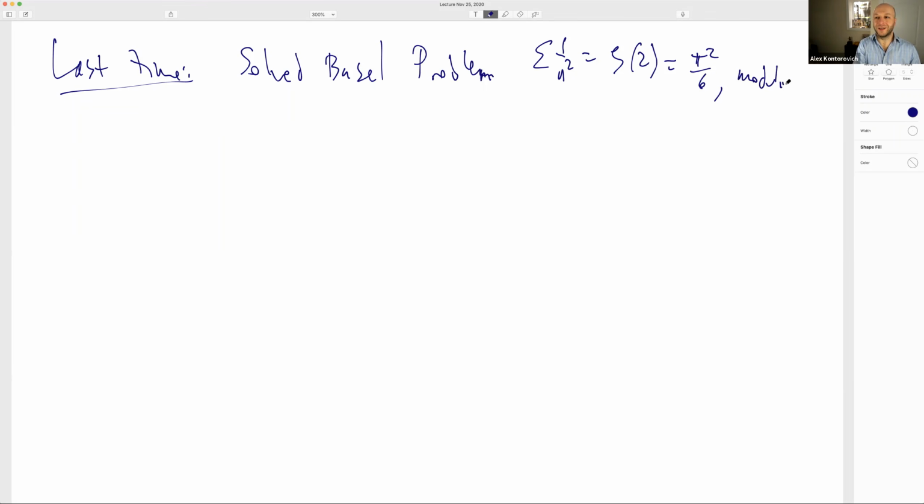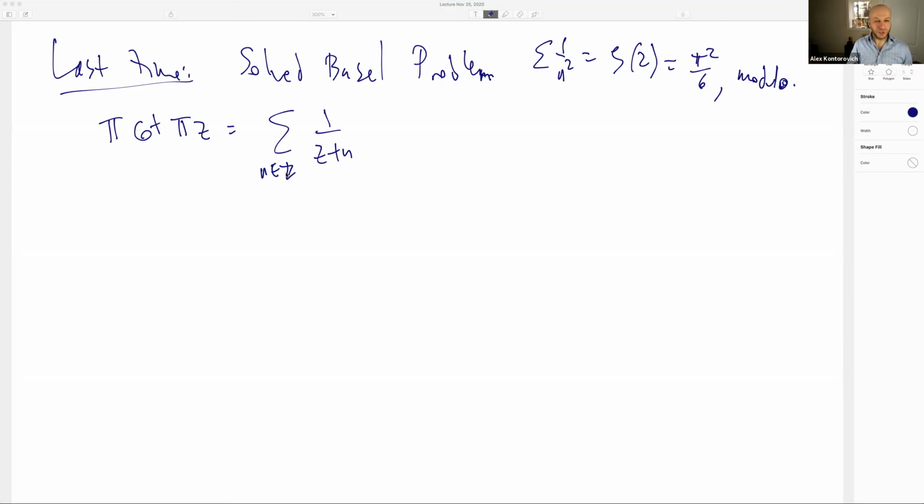We solved it how Euler solved it, but modulo the rigor. The last thing that I needed to prove for you was that pi cotan of pi z is equal to a sum 1 over z plus n over all integers. Is that right? This was yesterday, so I think even I can remember what we did yesterday.